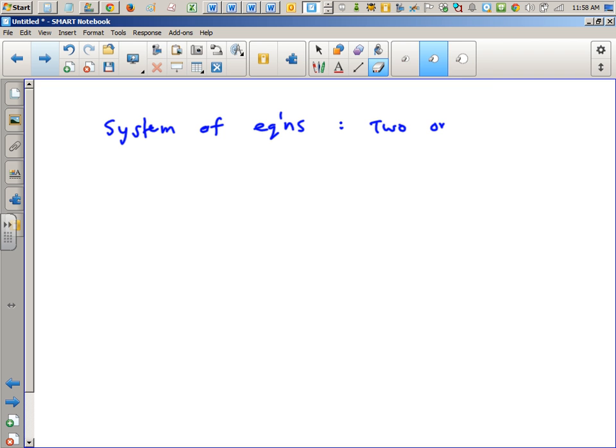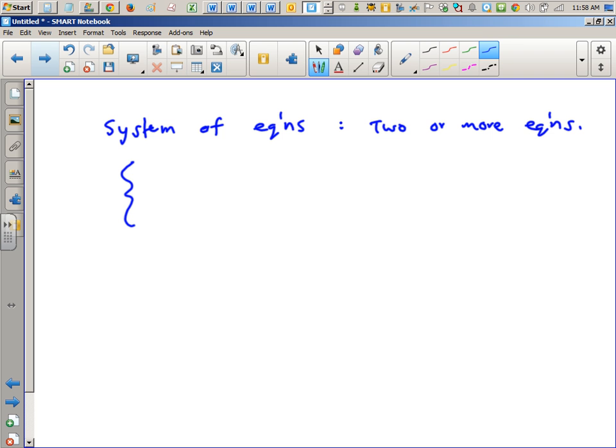Two or more equations. So actually a system can be very simple or very complicated. The ones we're going to start with are very simple, but usually we use a little bracket to collect all the equations, and it's a one-sided bracket.